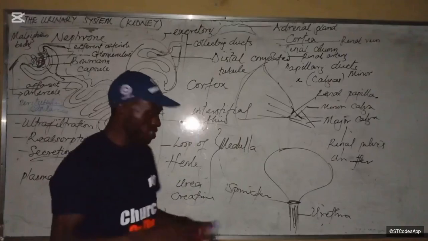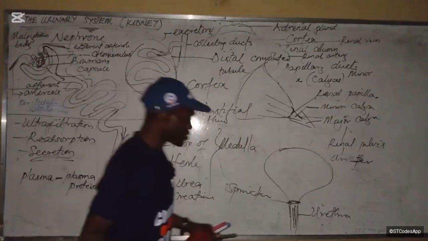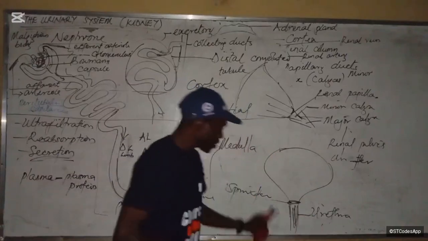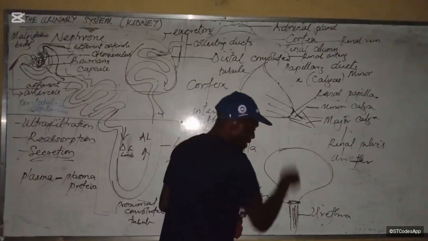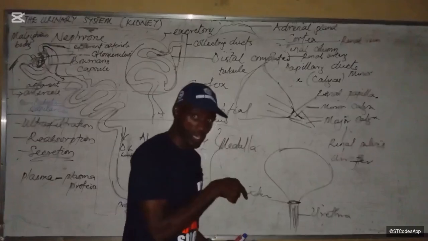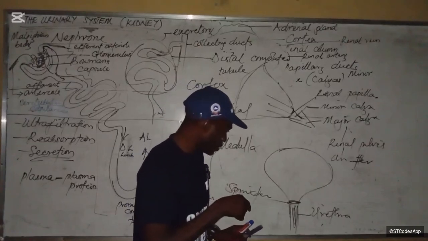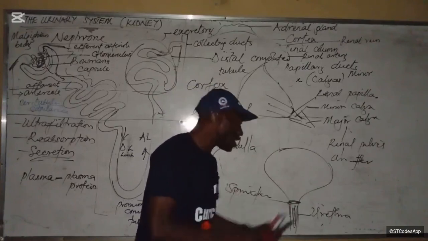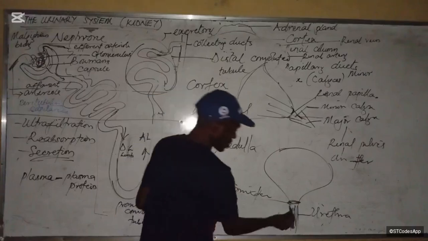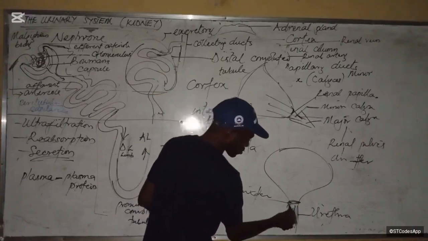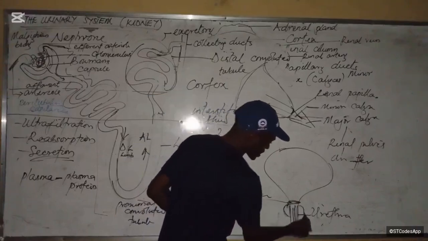Of course, male use pipe, so it's a longer urethra. So now the content of this empties into the urethra. Now our urethra is surrounded by our prostate gland.